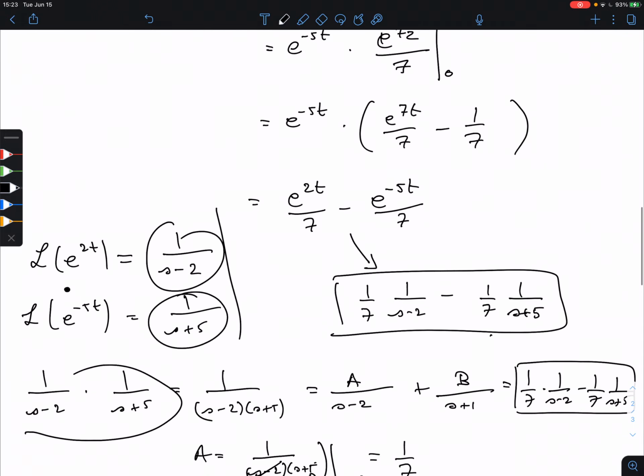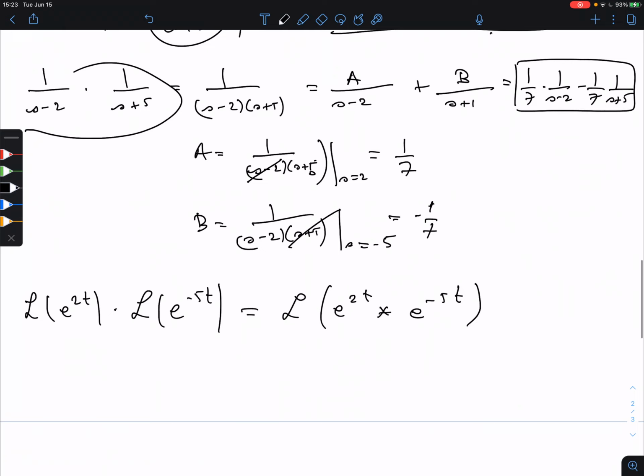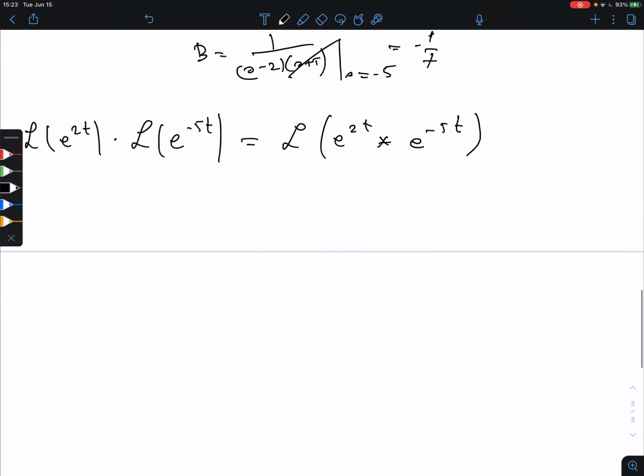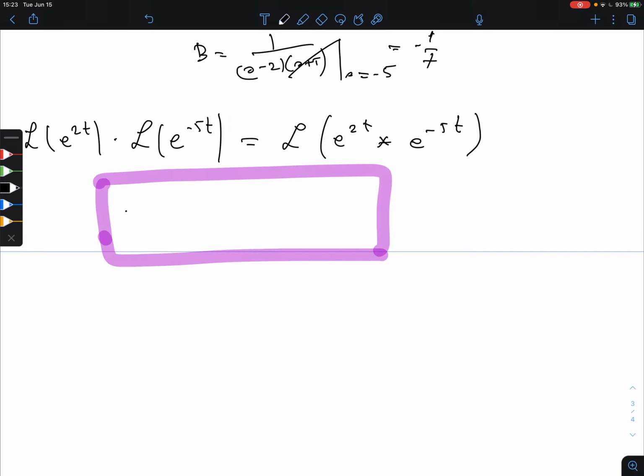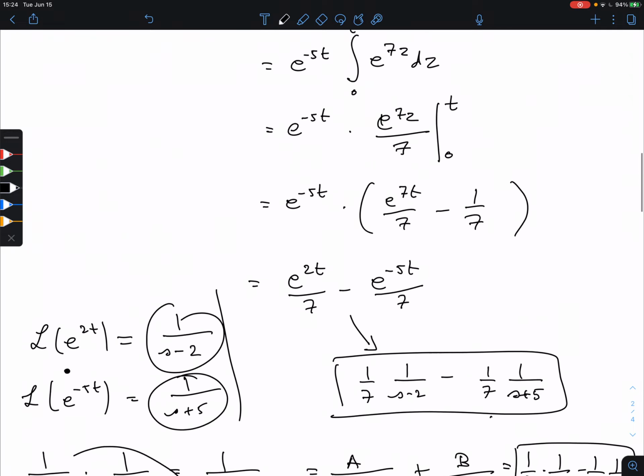So we were able to calculate the convolution product, and we see that the Laplace of the convolution is the product of the Laplaces. This is the general formula, the big theorem, if you want. I'll box it. The big theorem says that the Laplace of a convolution product is the Laplace of f times the Laplace of g.